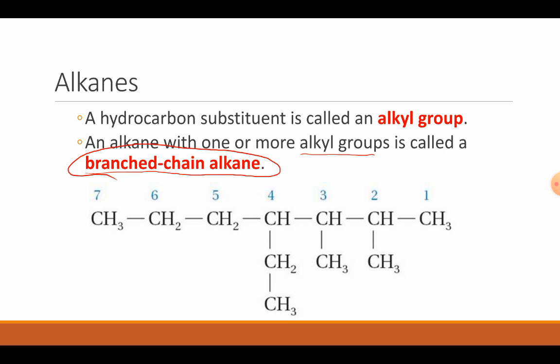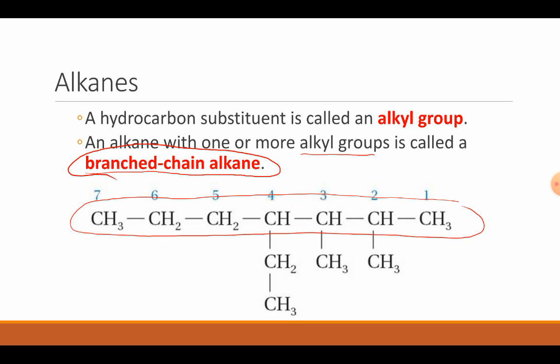This is the original chain or the parent chain. Why, mister, did you choose it as the parent? Let's see here. How many carbons in that chain? 1, 2, 3, 4, 5, 6, 7. Let's count another chain. If we move like that, 1, 2, 3. If we move like that, 1, 2, 3, 4. If we move like that, 1, 2, 3, 4, 5, 6.